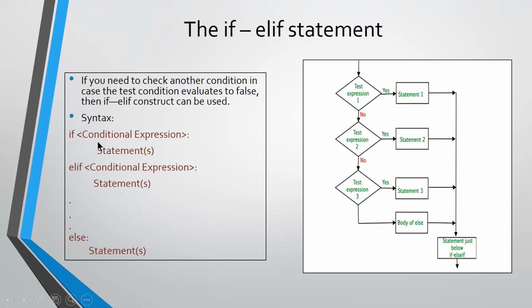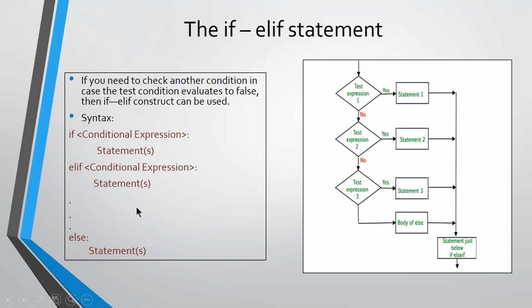If conditional expression, and then a statement. If the conditional expression is evaluated to true, this statement runs. If that condition is not satisfied, then I will go for elif. Elif is the else part of this if, and in the else part I want to check another condition. If this condition is not satisfied, the next condition is checked.